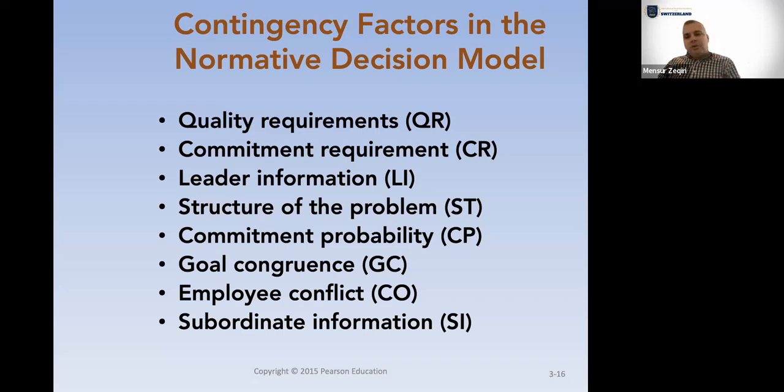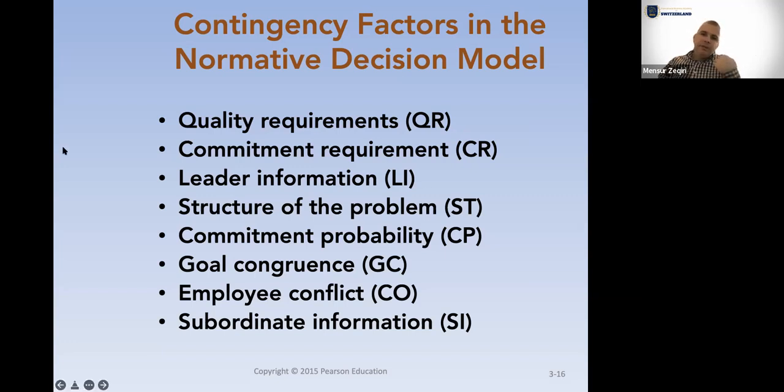Also, we have goal congruency. Do employees agree with and support organizational goals? Employee conflict. Do you have cohesion among your employees, or is there a conflict among your employees over a solution? And then we have the subordinate information that I mentioned earlier. Do employees have enough information to make a high quality decision?